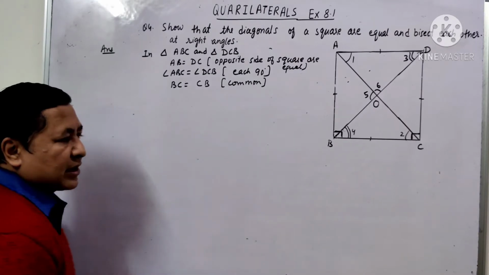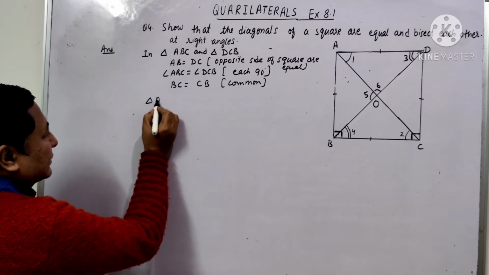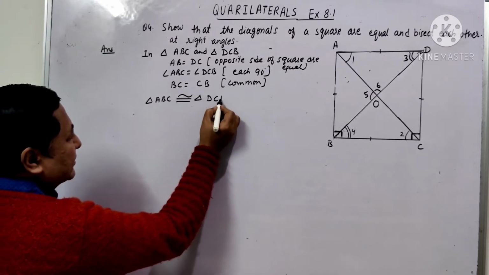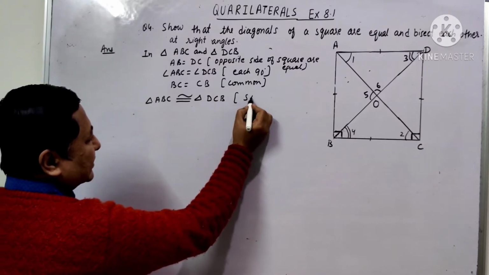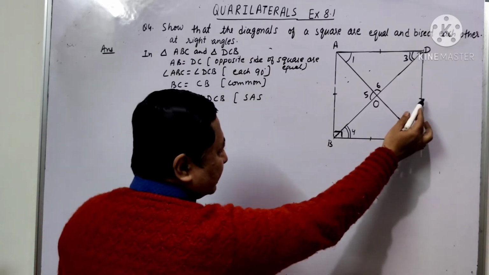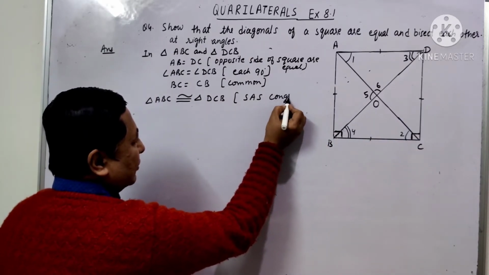So these two triangles are congruent by the SAS rule. Triangle ABC is congruent to triangle DCB by the rule known as SAS, side, angle, side.